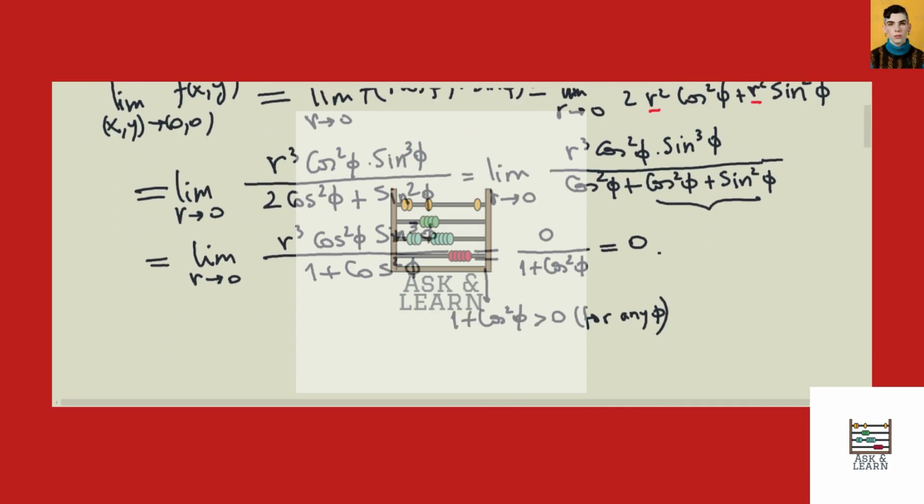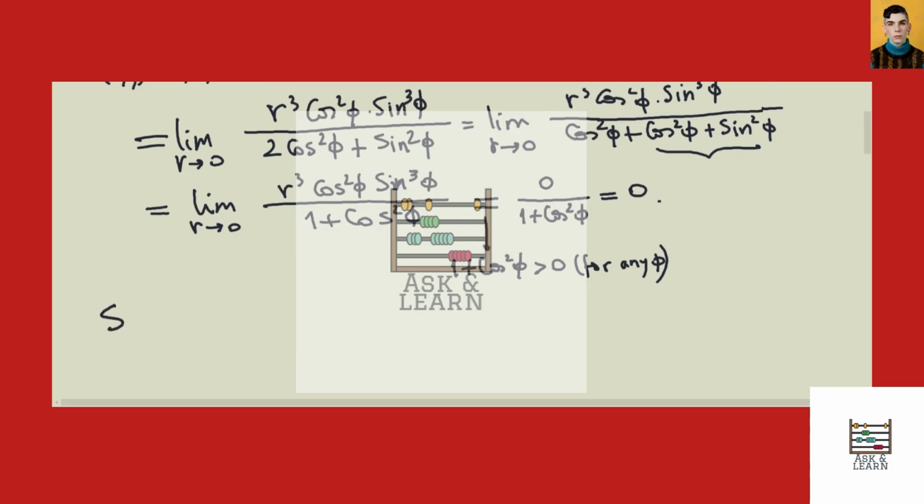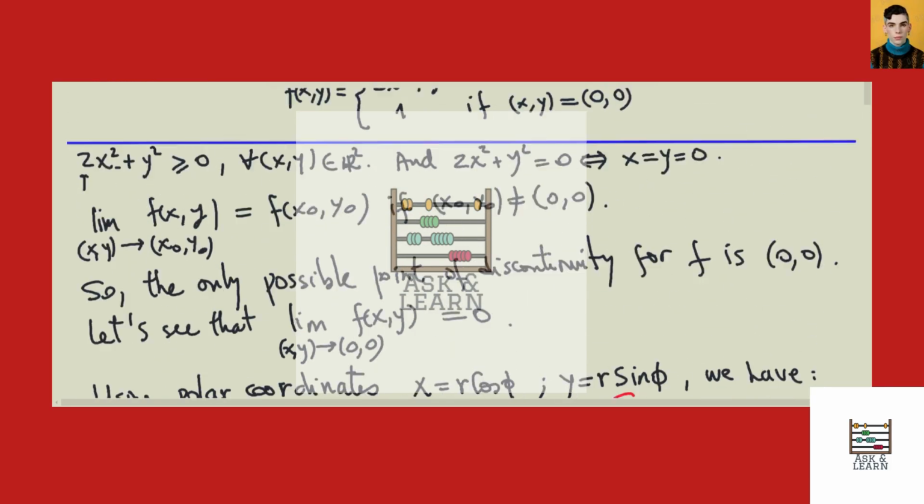So we have proved that the limit when (x, y) goes to (0, 0) of f is 0, which is different from the image of (0, 0) that has been defined, which is 1.